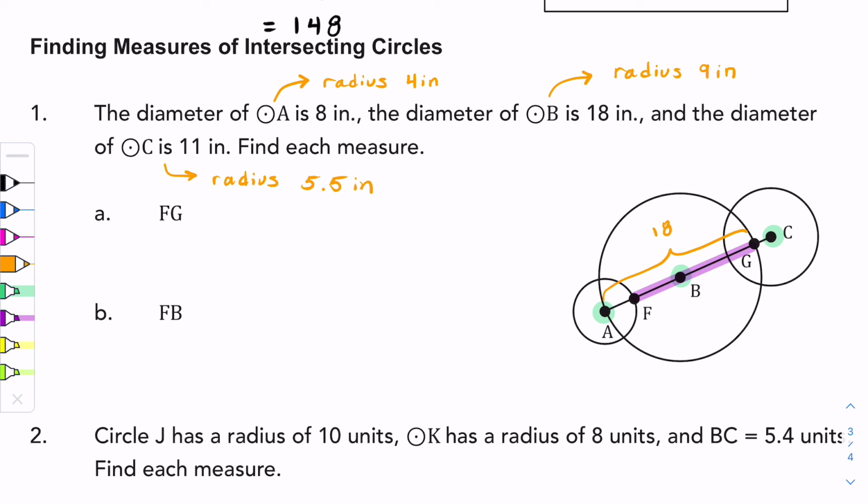We also know that this smaller segment right here is the radius of circle A. The radius of circle A is only 4 inches. So to find FG, I am going to do AG minus AF, which is AG, the total length, 18, and AF is 4, giving me the length for FG at 14 inches.